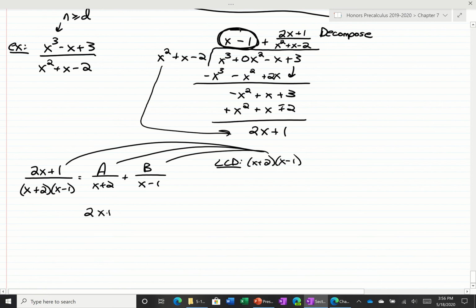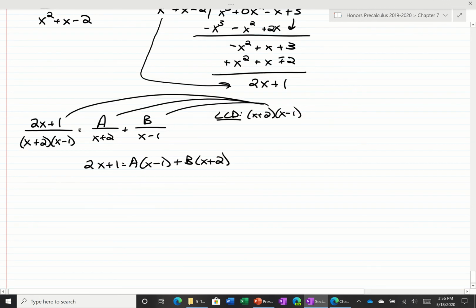We'll get 2x plus 1 is equal to A times x minus 1 plus B times x plus 2. So again, we could either make a system or pick different values for x. I'll pick different values of x. That's preferred for me. So if x is 1, we'll have 2 times 1 plus 1 is equal to B times 1 plus 2.